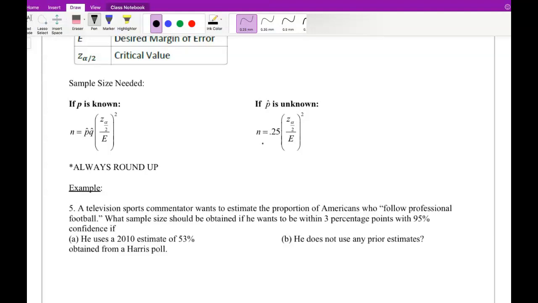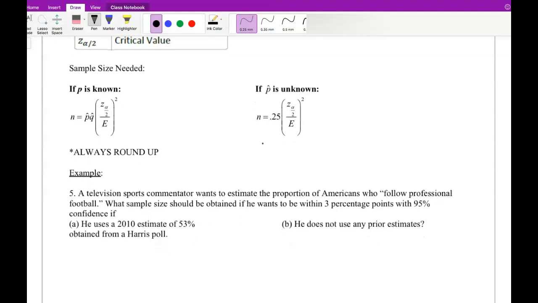Now here we have this example. Let me use p hat on this part, I don't want you to make a mistake.